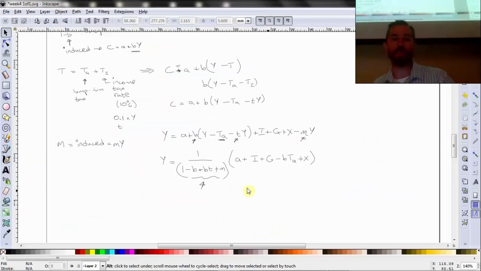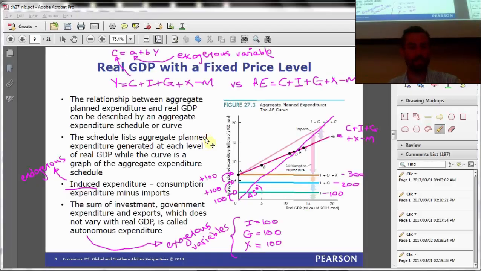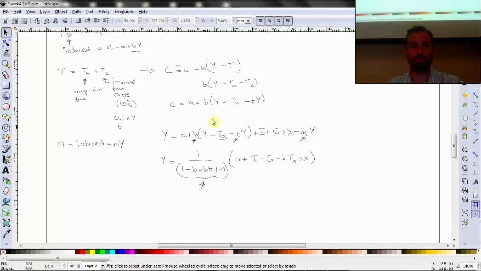Sorry, that's not the slope. This is the multiplier. The slope is just the value of the various induced components. In other words, as Y changes, our expenditure will change by an amount that's a function of M and T and B. Okay?